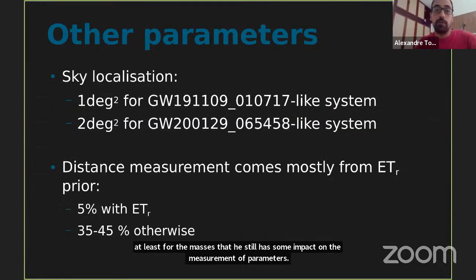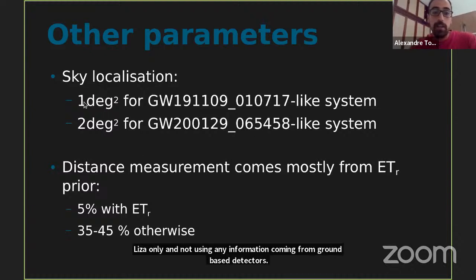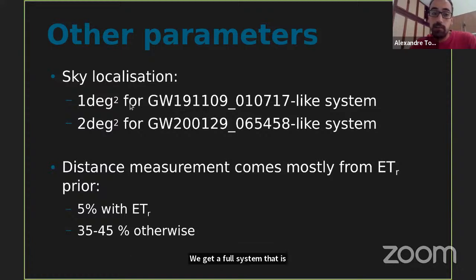So just to mention a few other parameters, the sky localization, and just to remind you that here I'm using LISA only, I'm not using any information coming from ground-based detectors. We get that for the system that is directly detectable, it's measured within 1 square degree, and within 2 square degrees for the other system due to its much lower SNR.